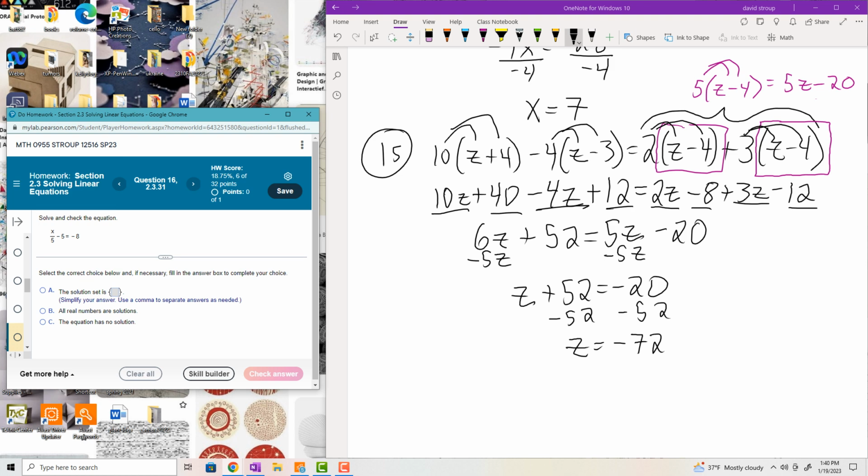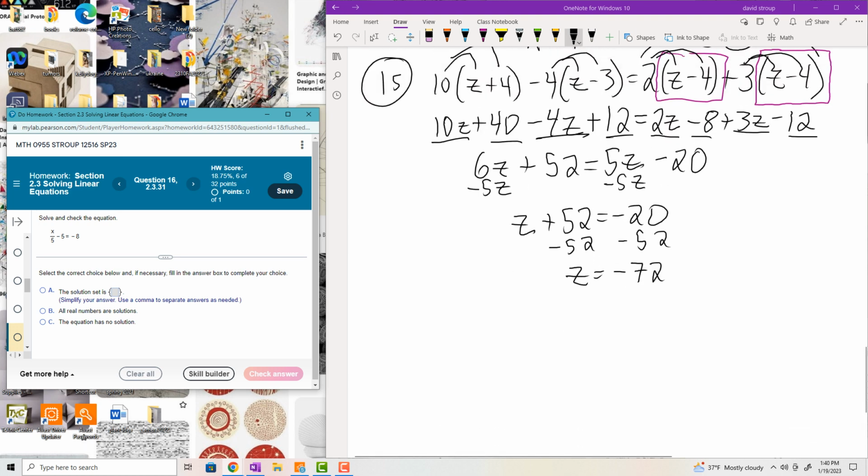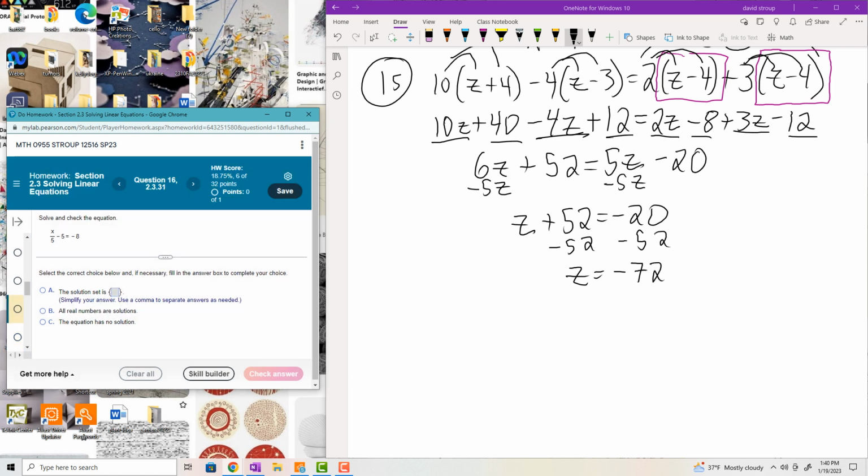Okay, so here they have fractions, and whenever you see fractions, the method they want you to use is just to multiply to get rid of the fractions. In particular, they want you to multiply by the least common denominator of all the fractions involved.